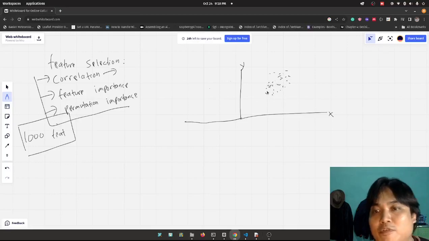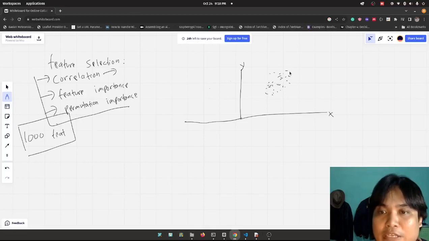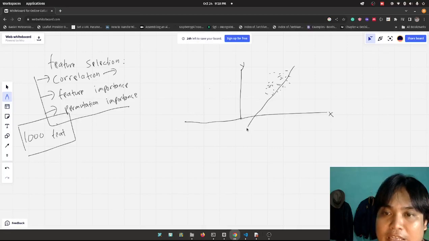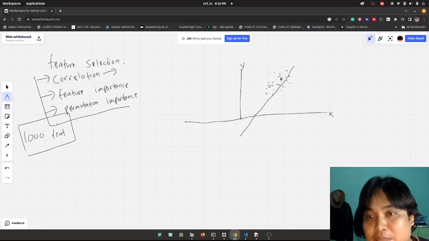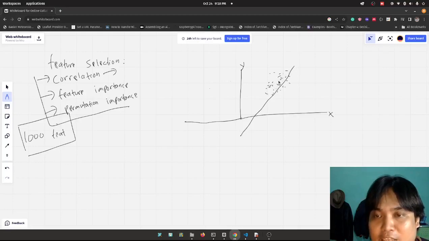And because the pattern of the scatter plot is like this, we can draw a straight line like this. Just pretend this is the line in the middle of this scatter plot. And we can represent their correlation between X and Y like this. So this is called positive correlation. I don't know the magnitude of this correlation.